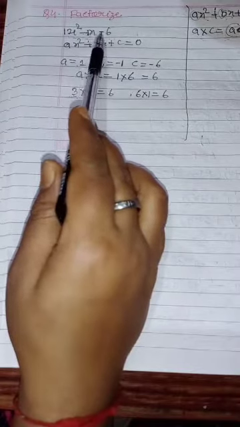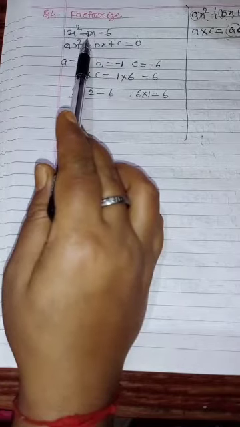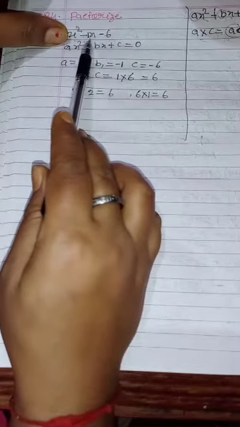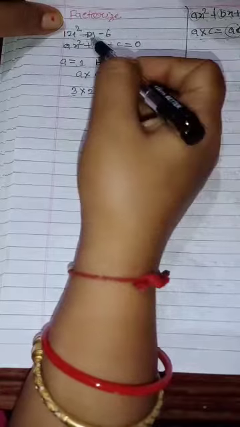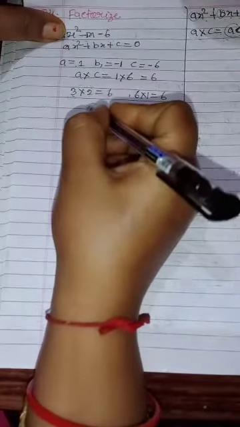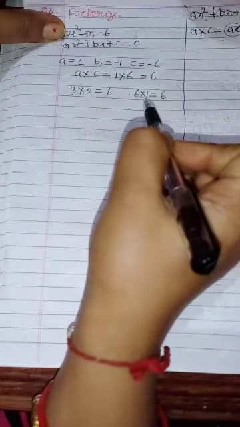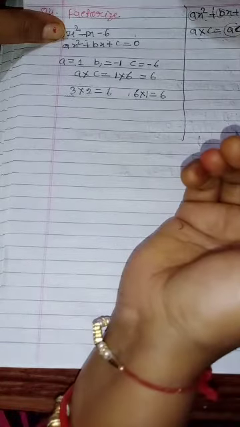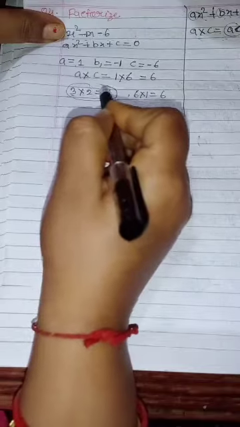Here the middle term has the numerical value 1. So if I do 3 minus 2, it comes equal to 1, yes or no? And if I take 6 minus 1, it will not come equal to 1. So which factors will I select here? These factors, 3 and 2.